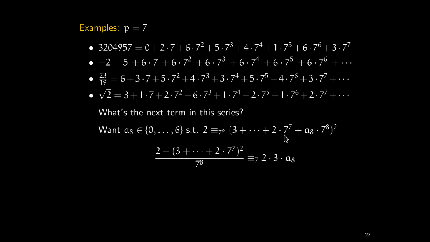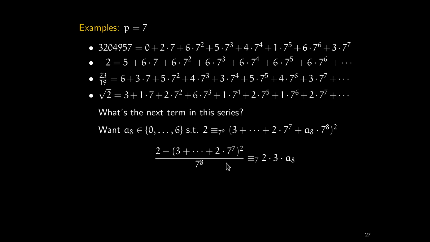And all the other things that are here disappear, because these ones combined with the 7 to the 8 give something that is at least as much as this, and therefore goes away.